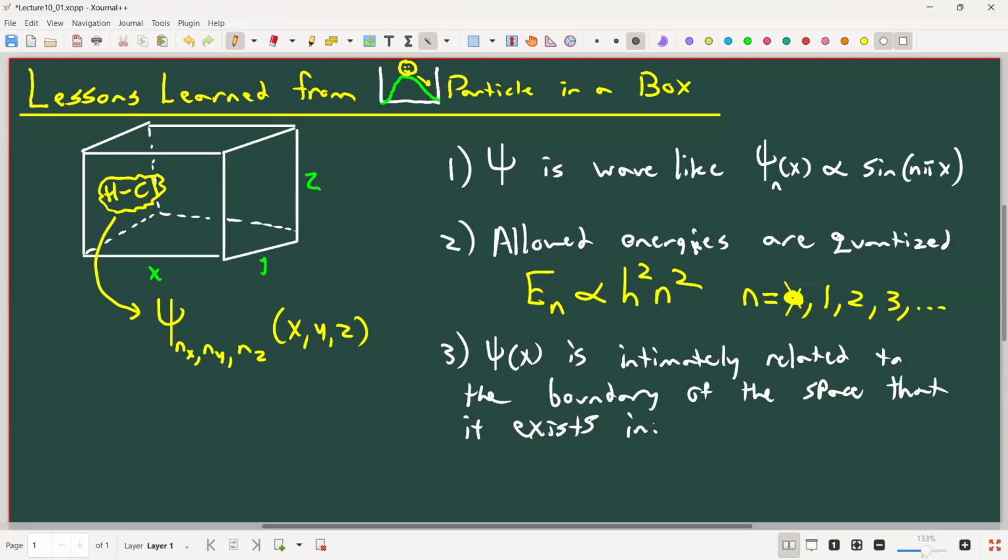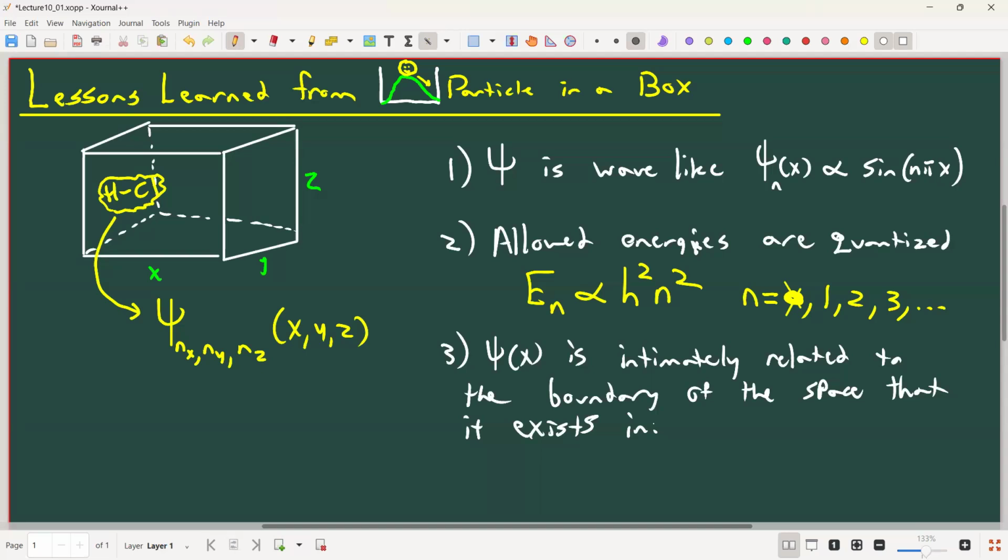And we're going to constantly think about this idea. This third one is so important. For every system that contains an electron, they all have the same kinetic energy. But the potential energy varies with the system, right? Whether it's a box or an empty room, or a hydrogen atom, or, as we'll see, a bond, you get a different boundary for that wave. And the behavior of that wave is directly related to that boundary.